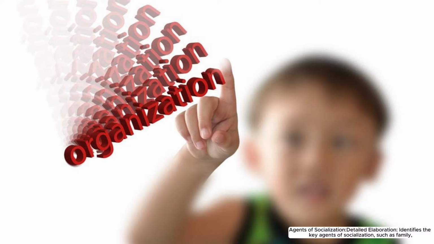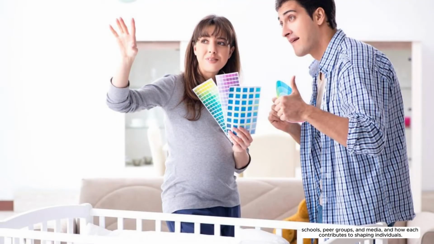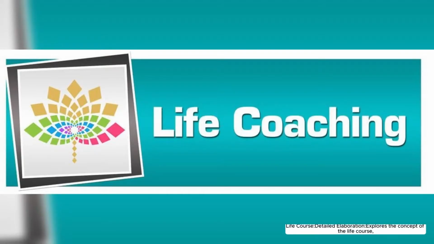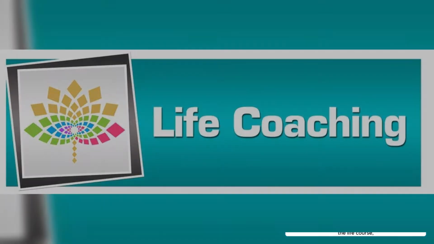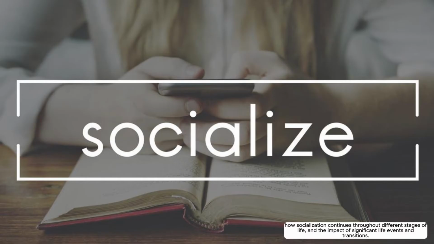This identifies the key agents of socialization, such as family, schools, peer groups, and media, and how each contributes to shaping the life course. It also explores the concept of the life course, how socialization continues throughout different stages of life, and the impact of significant life events and transitions.